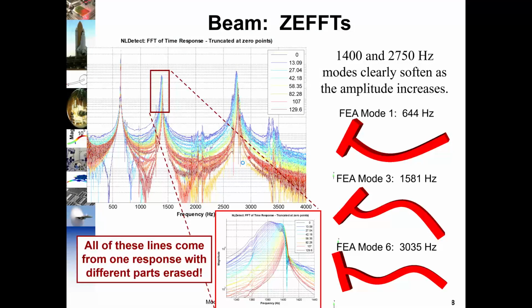And so it's easy to make sense of. All right, here's a finite element model just showing what's happening. So this mode that we're exciting here, I believe it's this one in the finite element model. And so as the beam bends, there's a moment that gets applied to this block, and that causes a little bit of slipping in the joint that causes the stiffness to go down.